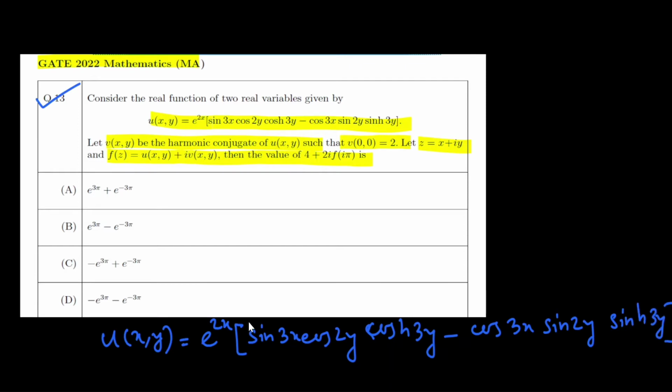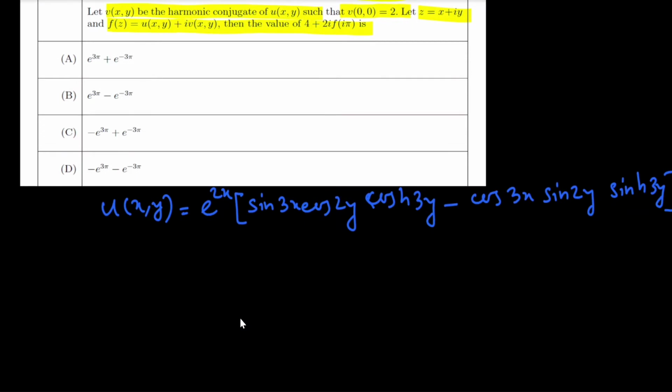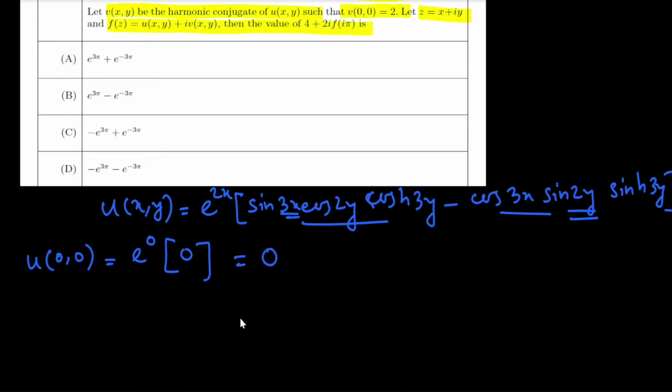Now first we find the value of u(0,0). This is equal to e to the power 0, and the sin 3x term is 0, and cos 3x sin 3y... the sin y terms are also 0, so this is equal to 0.